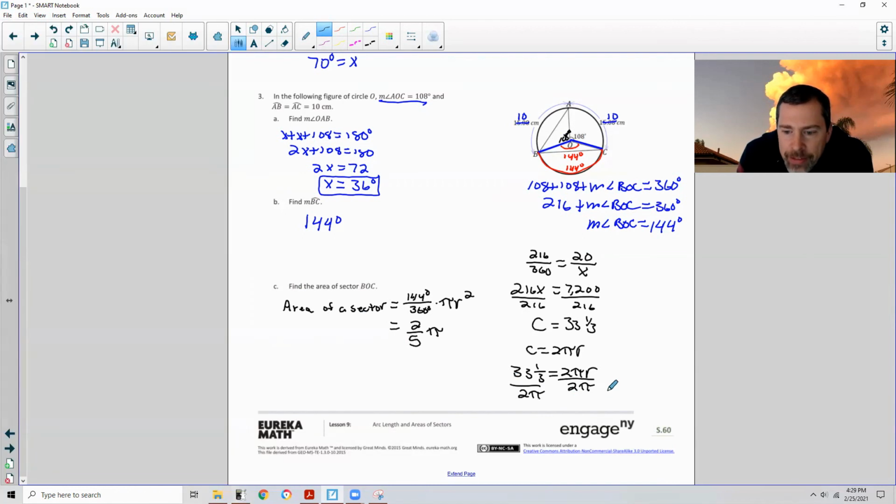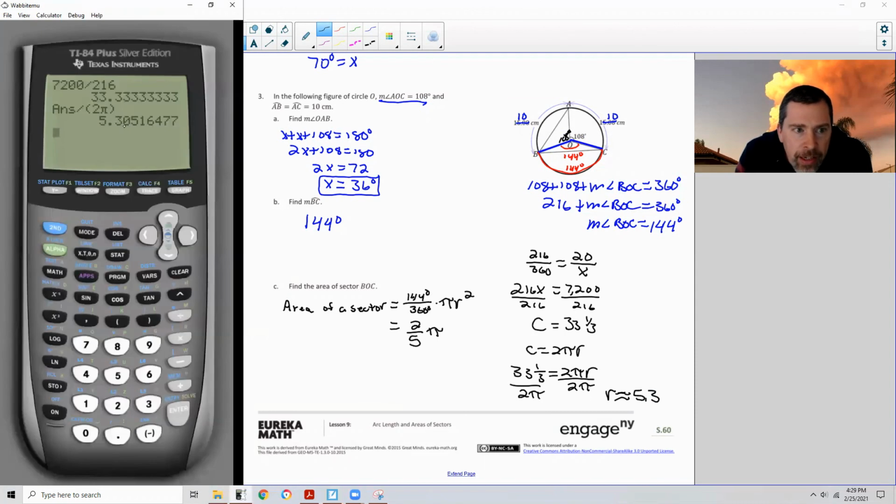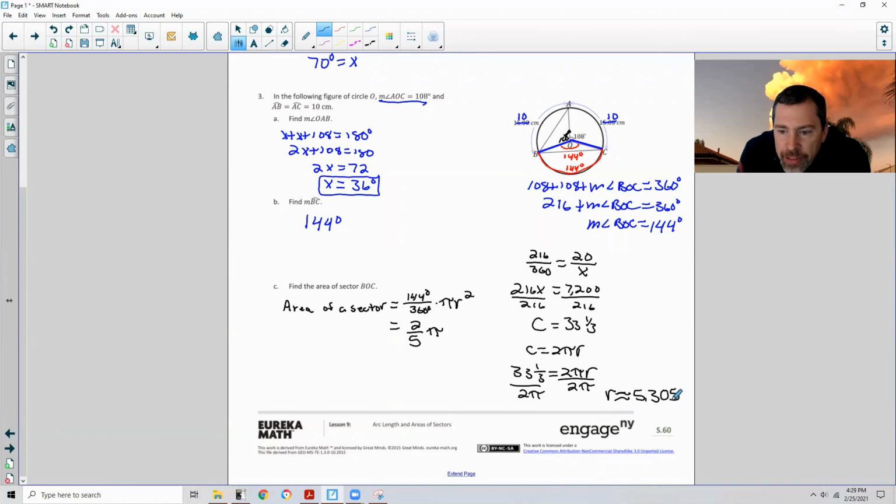So my radius is approximately 5.3. If I round that, it's 5.30516. Let's just leave it with 05. Okay, so there is my radius, 5.305. That goes right here, in parentheses, for my radius. 5.305 squared.